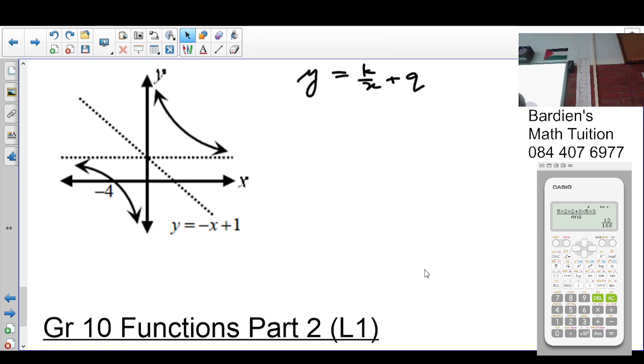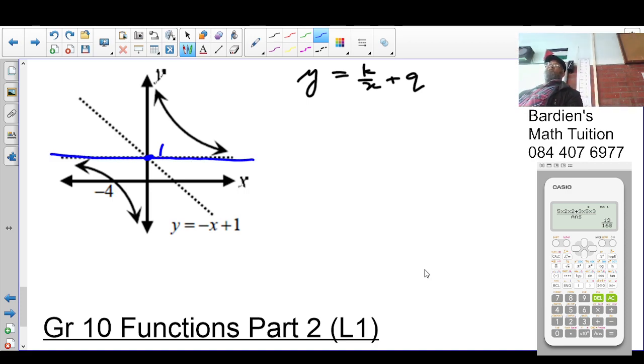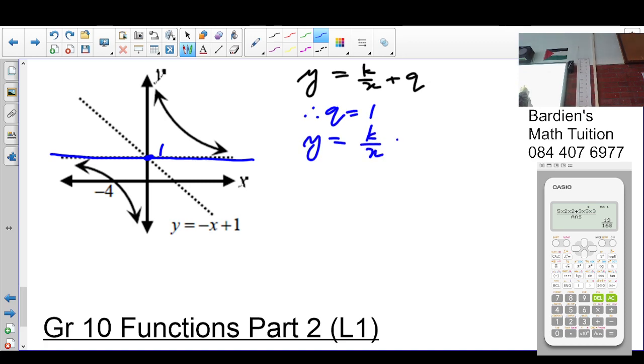However, we know that the y-intercept, which is 1, is also the equation of this asymptote, which is y equals 1. So therefore q is equal to 1, so you got y equals k over x plus 1.